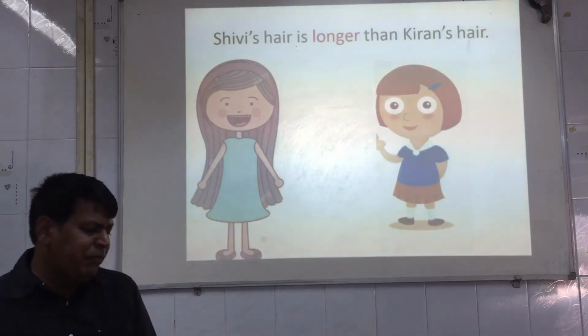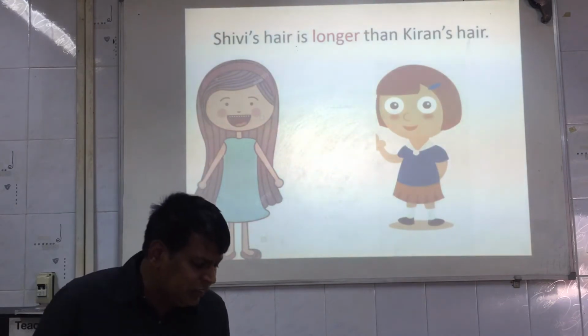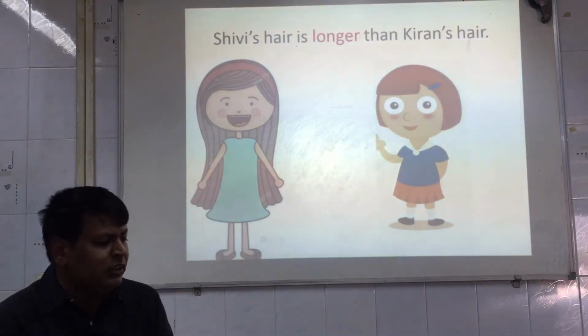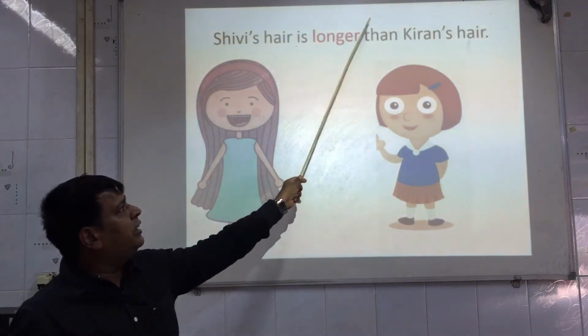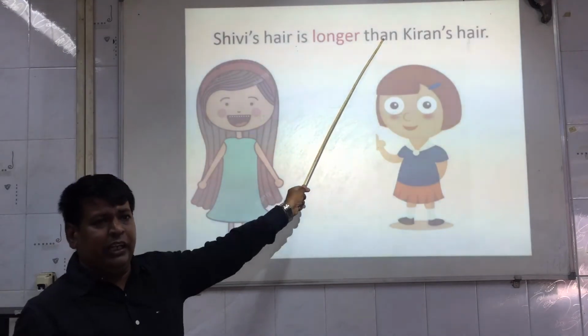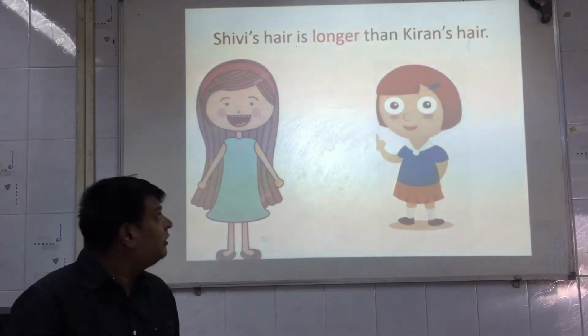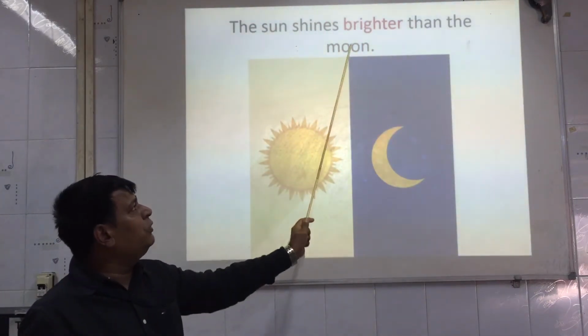Now when we compare, as I told you all, any two objects or two people or two places or two actions, we add er to the adjective and then we use then after it. Is that clear? See one more example. The sun shines brighter than the moon.